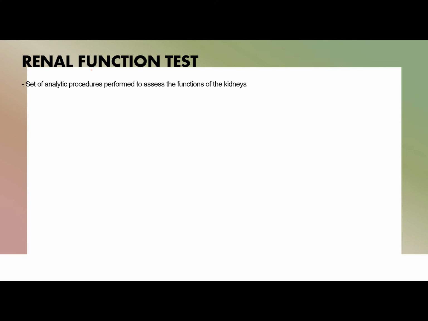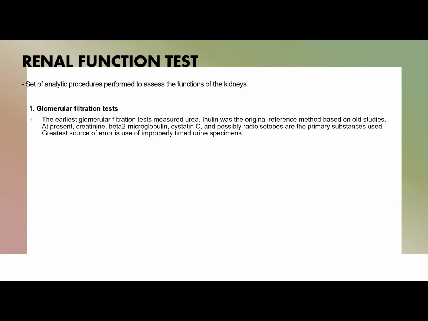So, renal function test is a set of analytical procedures, class, used to assess the function of the kidney. So, the first group of tests is the glomerular filtration test. So, the earliest GFR test, class, would measure urea. Pakitandaan niyo na, yung pinakauna dati, yung mga luma, ang minimeasure nila urea.